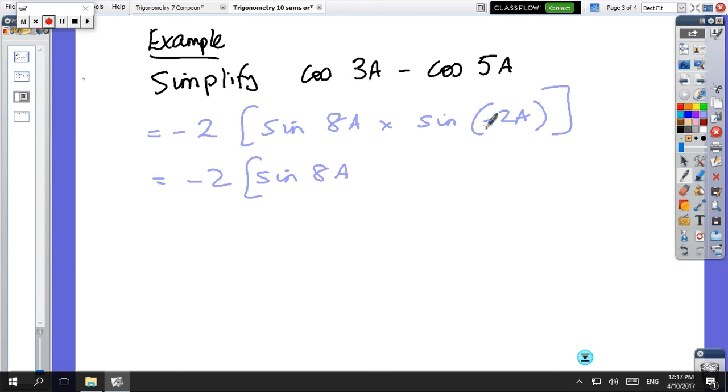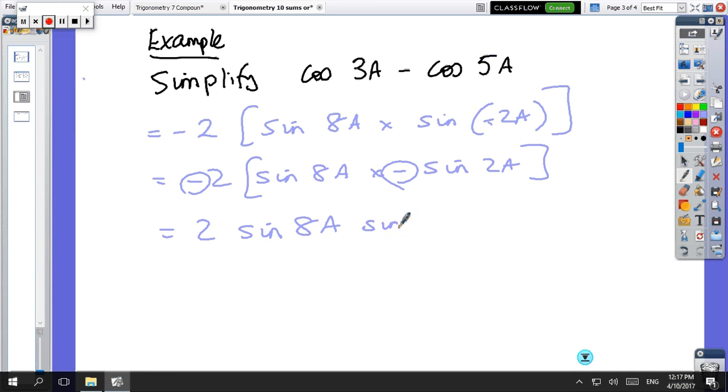Now that minus sign can come out the front and become a plus, and then that minus and that minus make a plus. So we've turned a sum or a difference into a product. Okay, come across when you're ready.